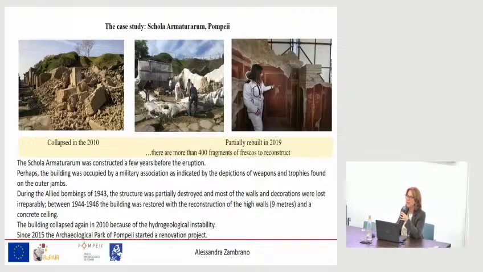But it was also unlucky because in 2010 this building collapsed due to hydrological instability. Then, with the Great Pompeii Project that was financed by the European Union, the reconstruction started, and the building was partially rebuilt in 2019.